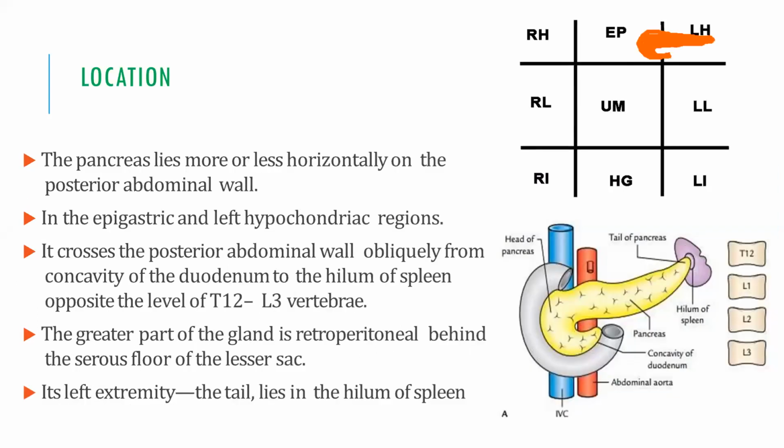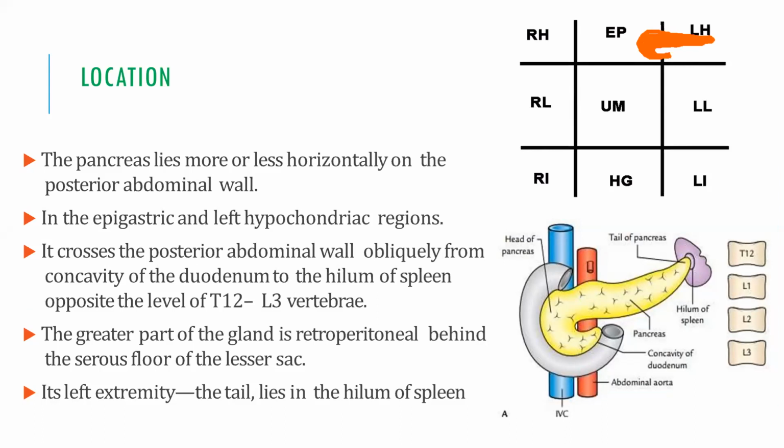So what is its location? How does it extend? And what parts does it have? We'll see here. Pancreas lies more or less horizontally against the posterior abdominal wall. There are 9 regions of the abdominal wall, which you already know: umbilical, iliac, lumbar, hypochondriac, epigastric and hypogastric regions.